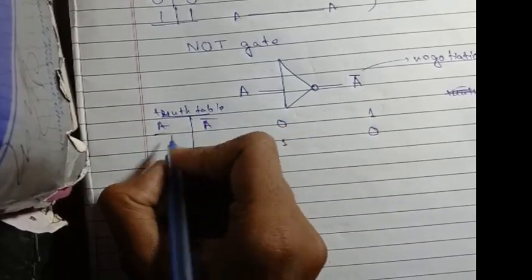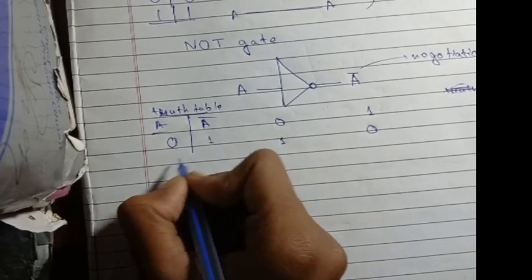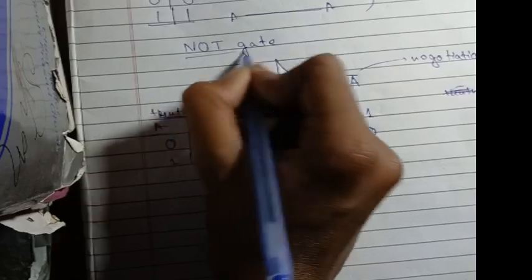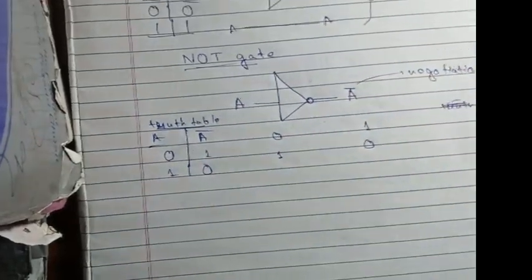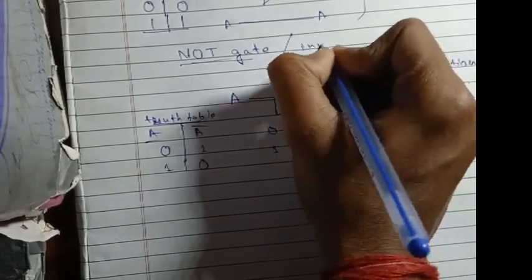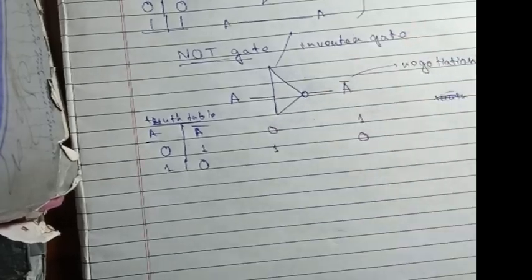When I am giving input 0, I am getting output 1. When I am giving input 1, I am getting 0. And I told you that this is just the opposite of the identity gate. So I can also call this inverter gate, as it inverts the bit.